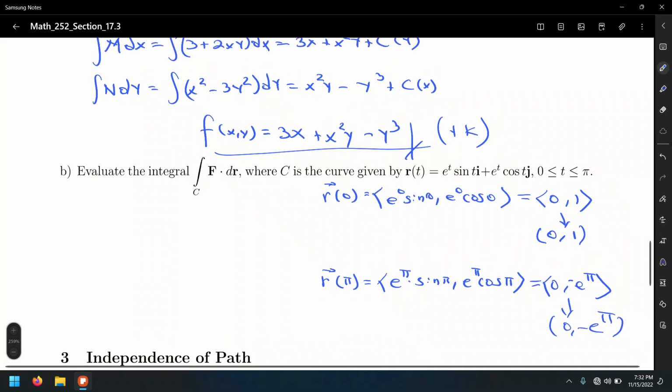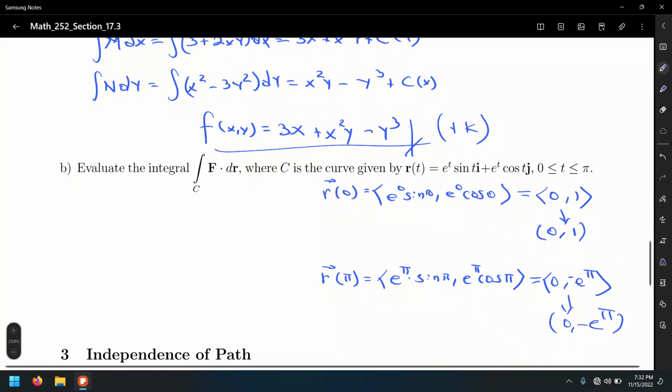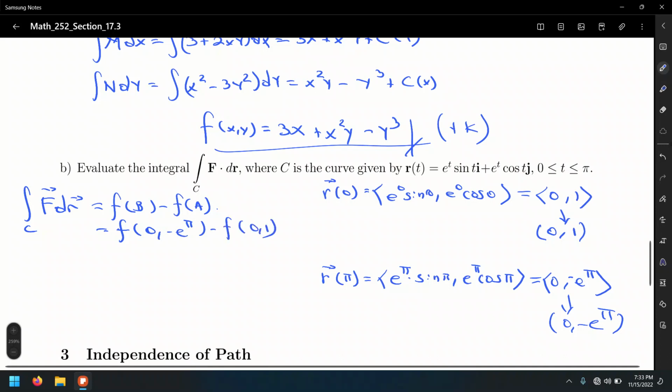All right, so now that we have a potential function, and now that we know the ordered pairs at which the particle is going to and from, let's go back to the line integral over c of f dr. This is simply f of b minus f of a, which in our particular case is f evaluated at the point 0, negative e to the pi minus f evaluated at the point 0, 1.